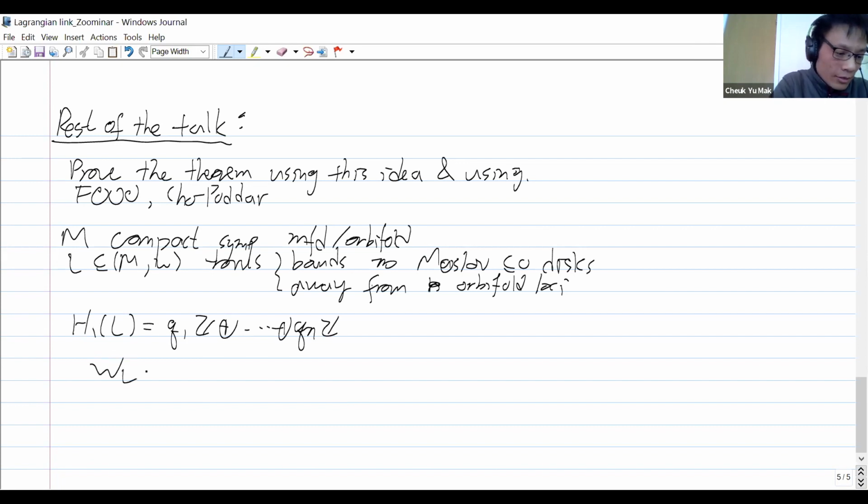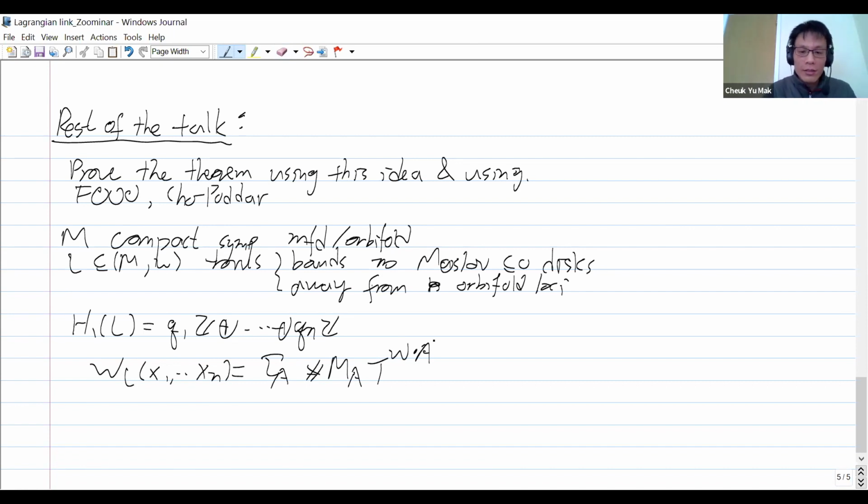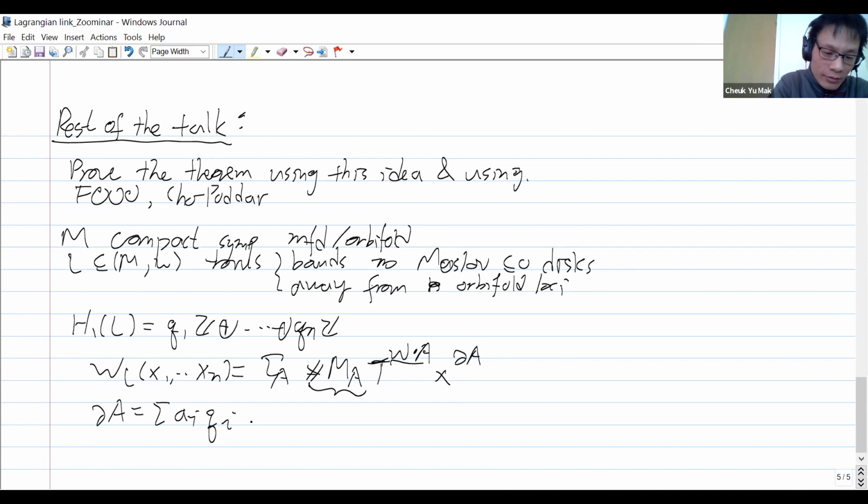In this case, the superpotential will be defined as the sum of counts of Maslov 2 disks in the class A, together with T to the corresponding power, the exponent being the area of the disk, and x to the boundary of A. So this is the signed count of Maslov 2 disks with boundary on L in class A, and boundary of A is the homology class of the boundary of the disk.